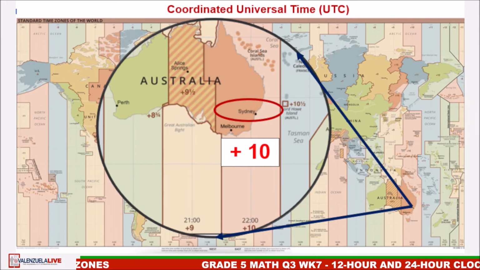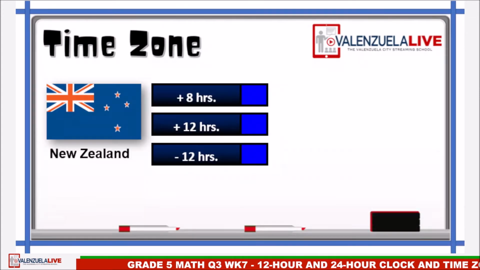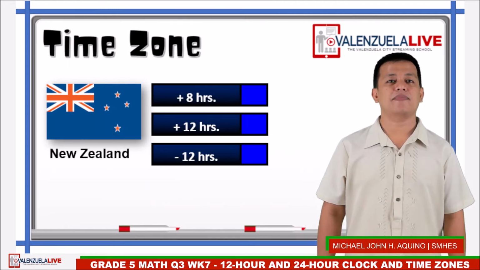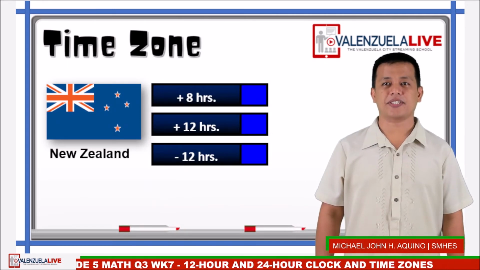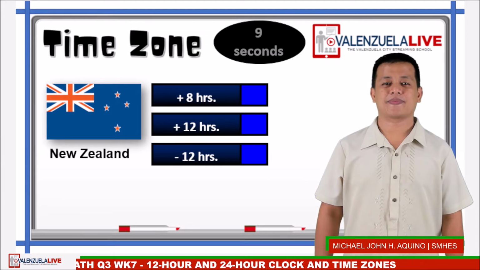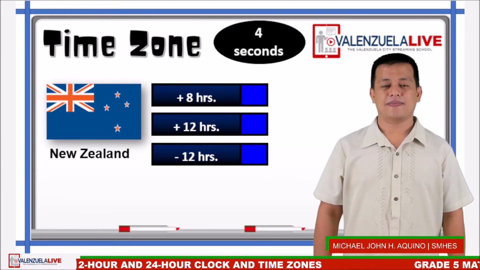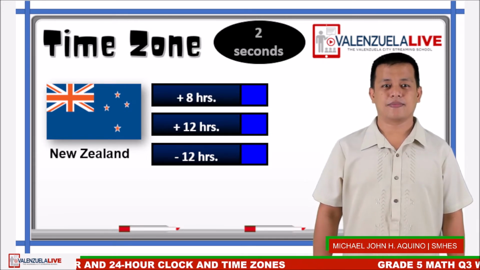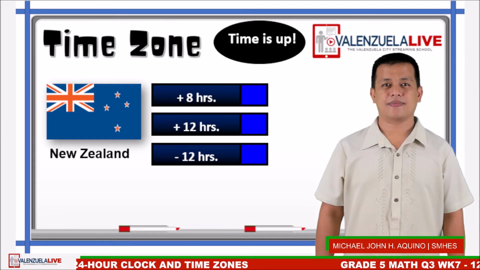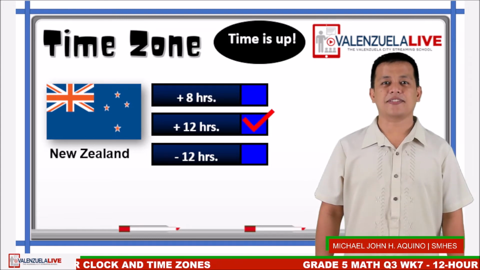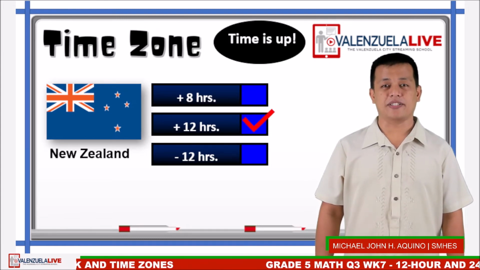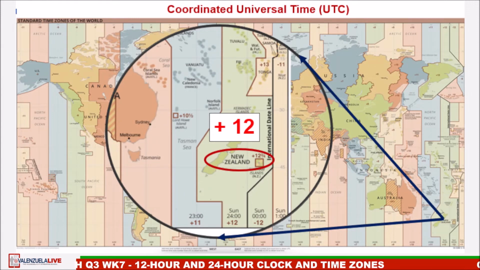So Sydney is under the positive 10 time zone. Next, we have New Zealand. Timer starts now. Time is up. The correct answer is positive 12 hours. As you can see in the map, New Zealand is located at the positive 12 time zone.